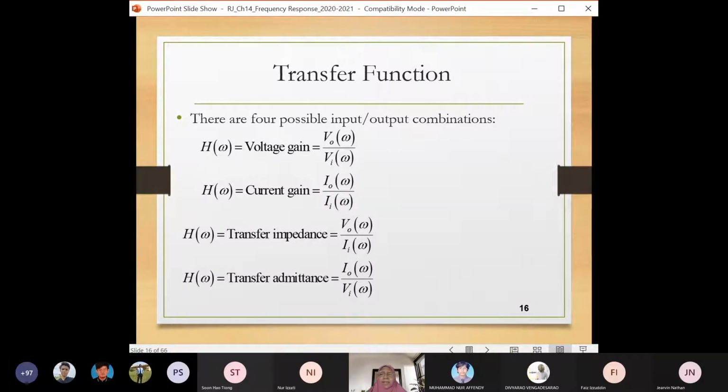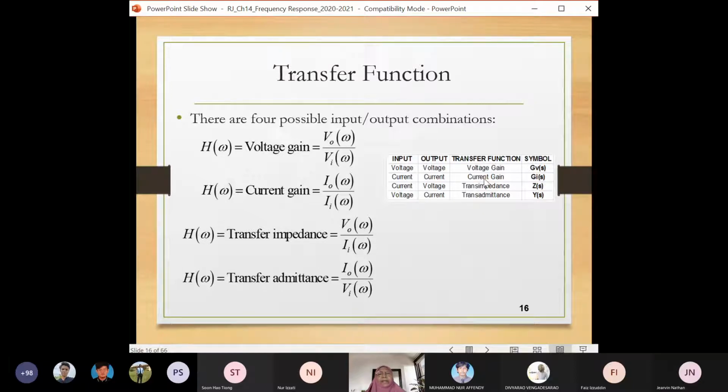In any system, there is always current and voltage at both the input and output sides. So with that combination of input and output, you will have four types of transfer functions.